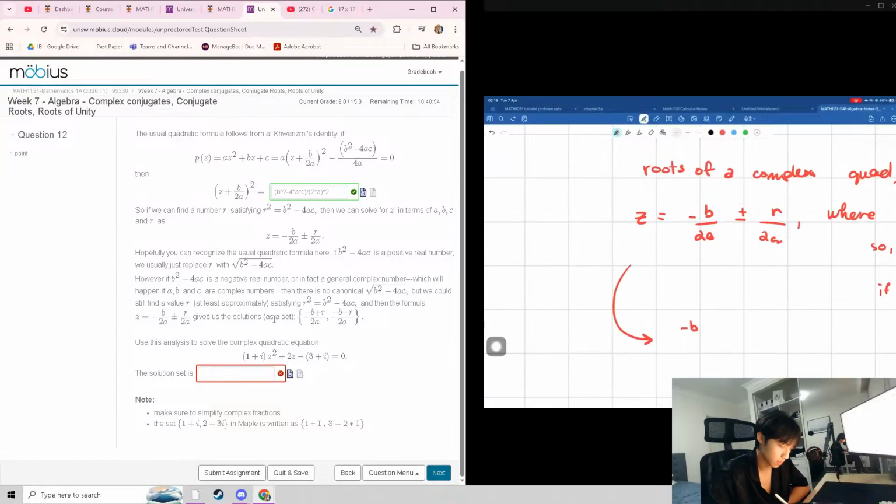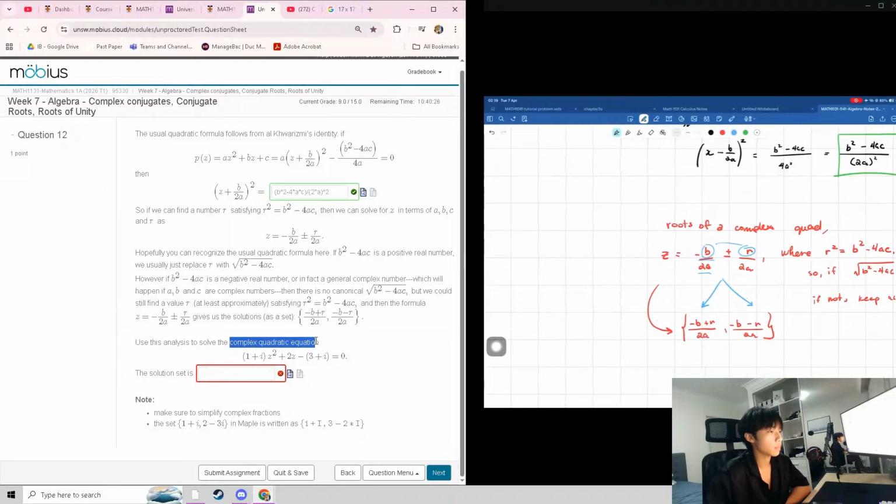Which is minus b over 2a plus r, and minus b minus r over 2a. So basically just expanding them over that. Okay, that's fine.